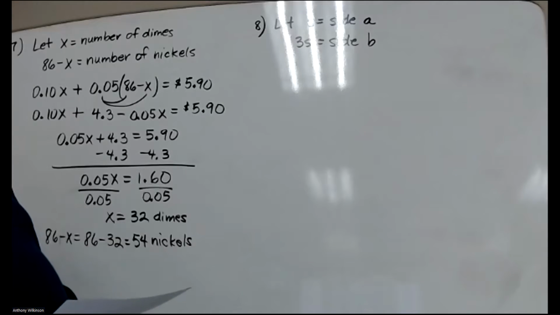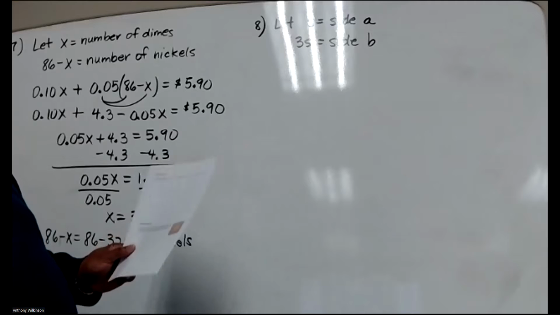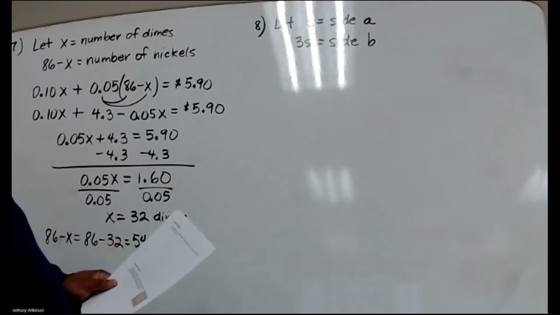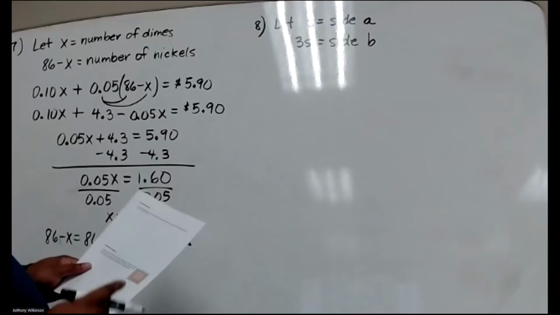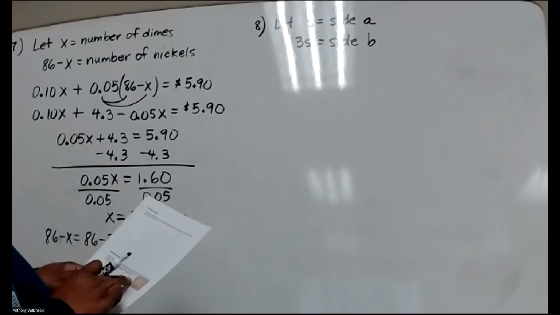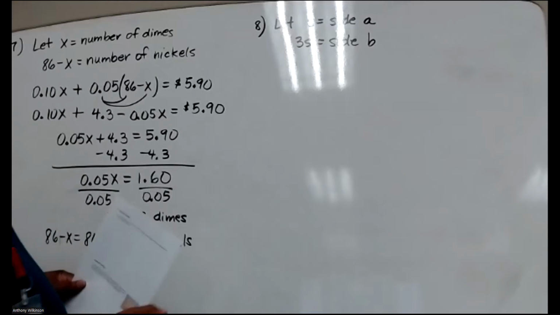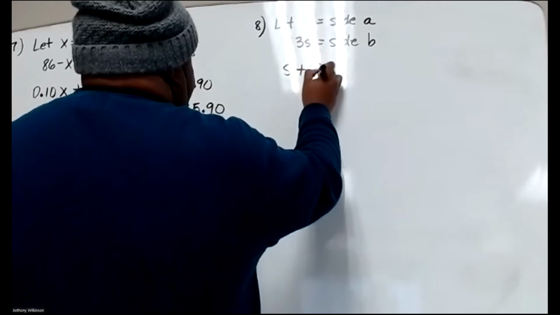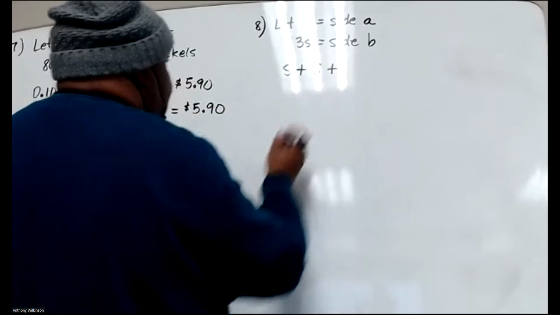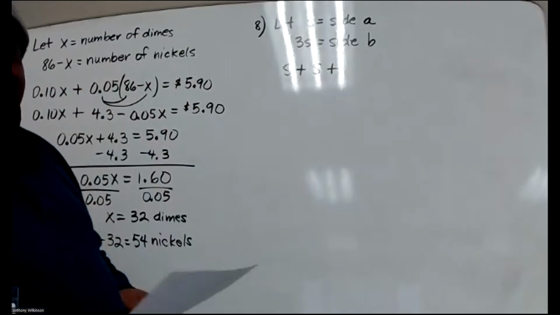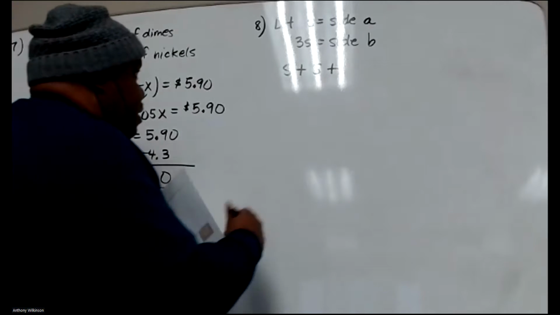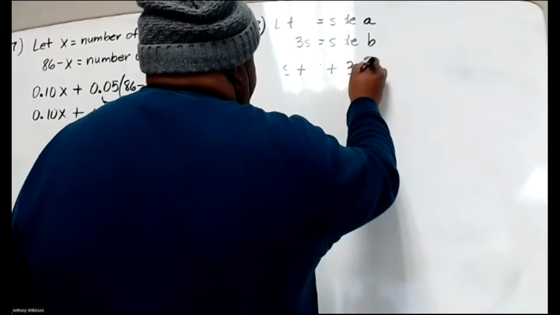Now, if you notice in that picture there, you'll see that you do have side A on opposite sides of that rectangle. So that means side A is represented by S, and then this opposite side is going to be represented by S. So we have S plus S, and then plus side B, which has to be 3 times the length of side A, so that's going to be 3S.